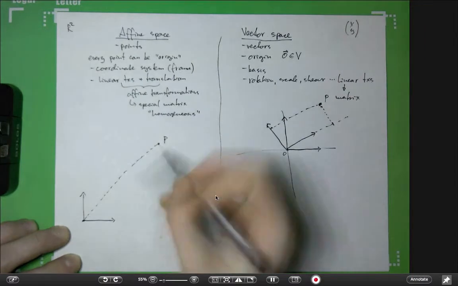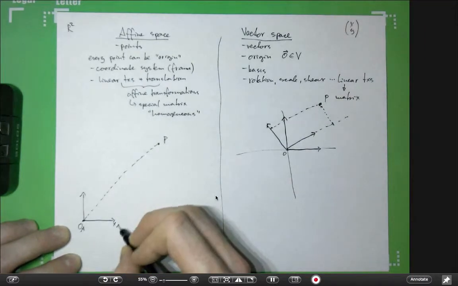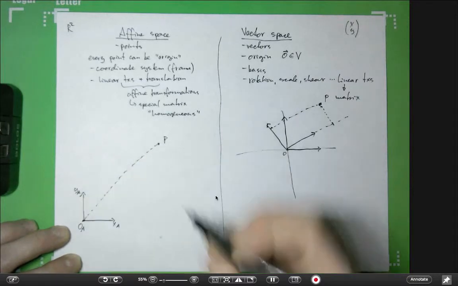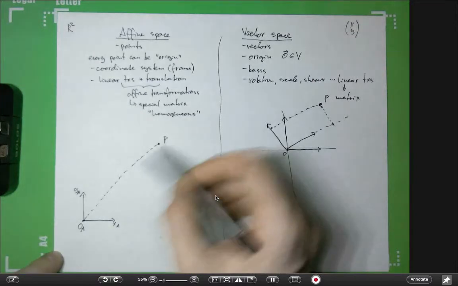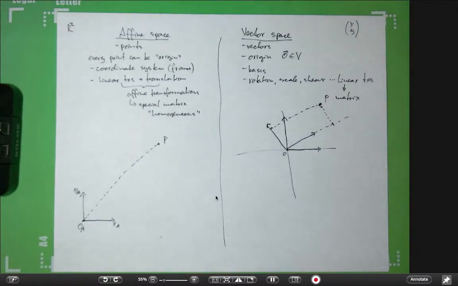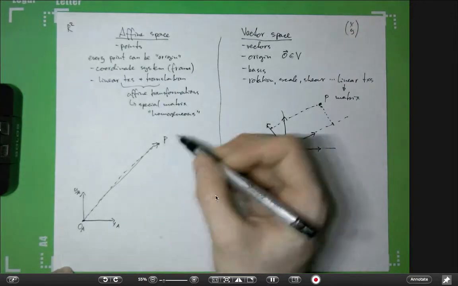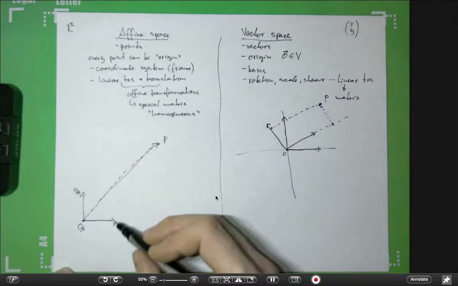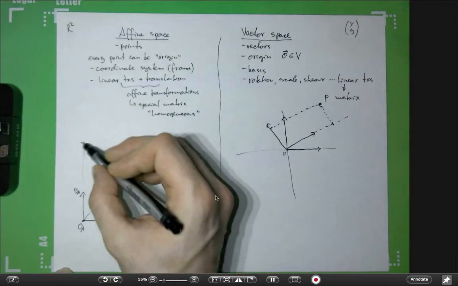So let's say this is basis A, this is origin A, and these would be XA and YA. I take the vector which I get by subtracting two points. I'll explain it better in a little bit, but for now just trust me that if I subtract two points, I get a vector back. This vector I can then project just like in a vector space and get the coordinates, right? So those would be my coordinates.